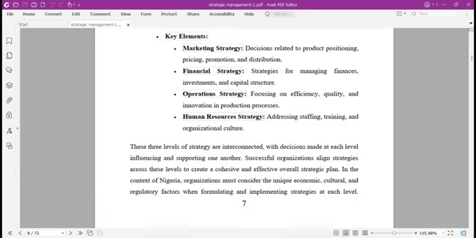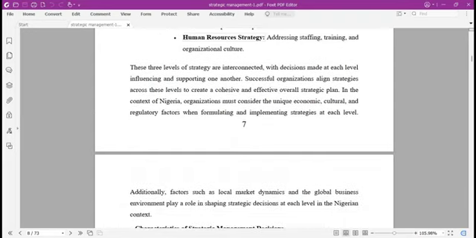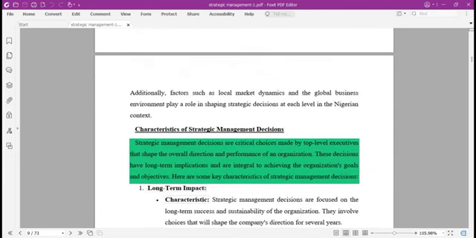In the context of Nigeria, organizations must consider the unique economic, cultural, and regulatory factors when formulating and implementing strategies at each level. Additionally, factors such as local market dynamics, our environment is static, is prone to change, and the global business environment play a role in shaping strategic decisions at each level in the Nigerian context.